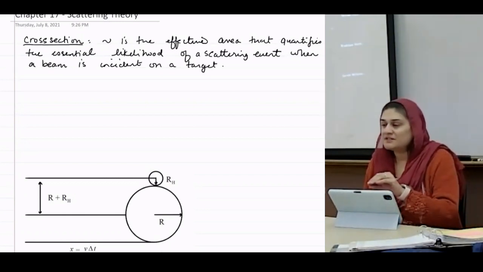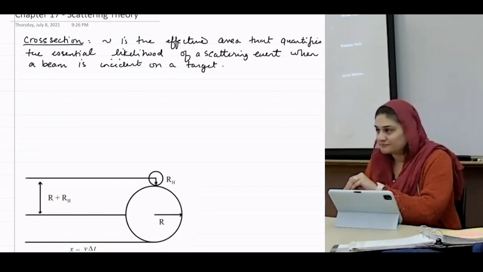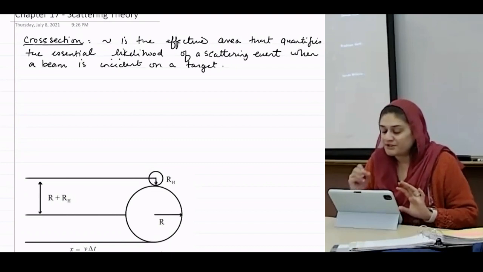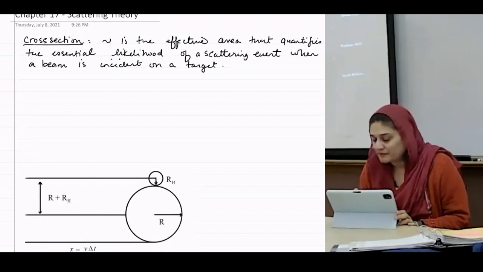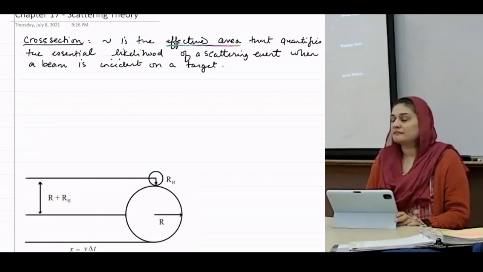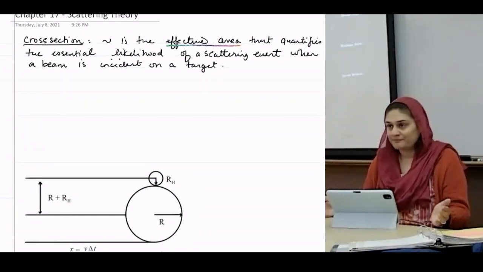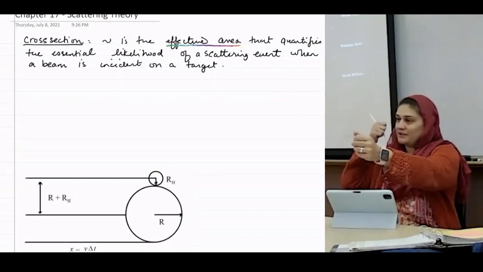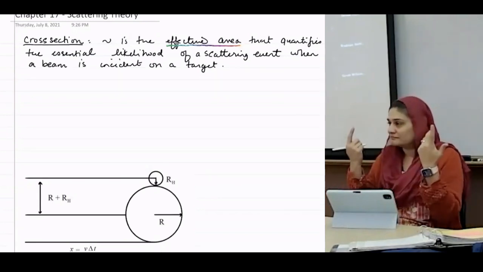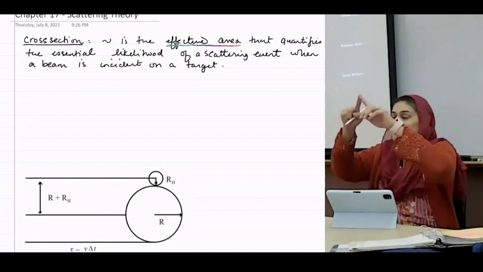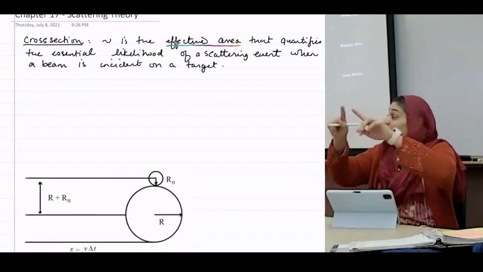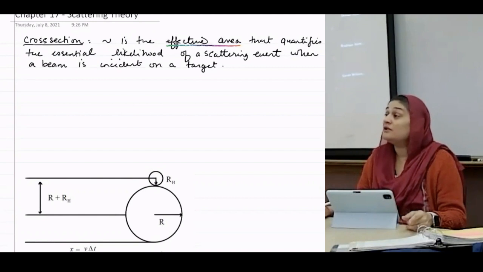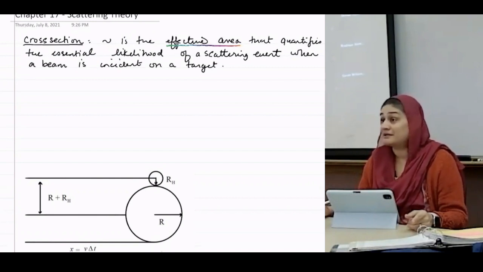So now all of these fancy words mean stuff. The first important thing is this word, area. Think of it as a bullseye, right? When you aim at a bullseye with an arrow, it's how big that is. The bigger it is, the larger the likelihood that you will hit it.